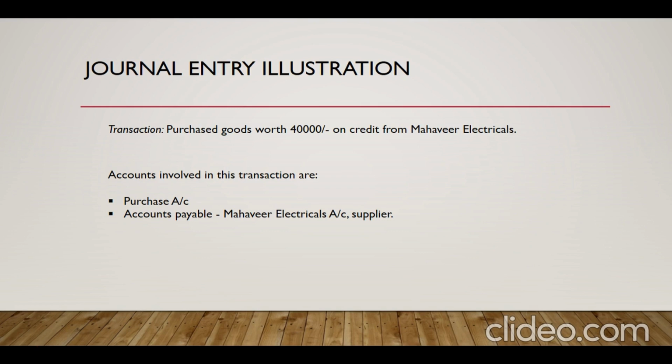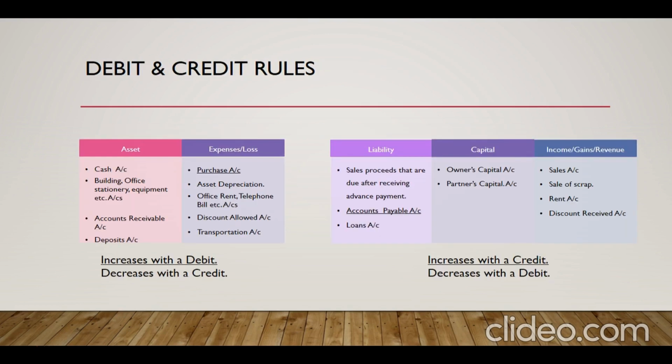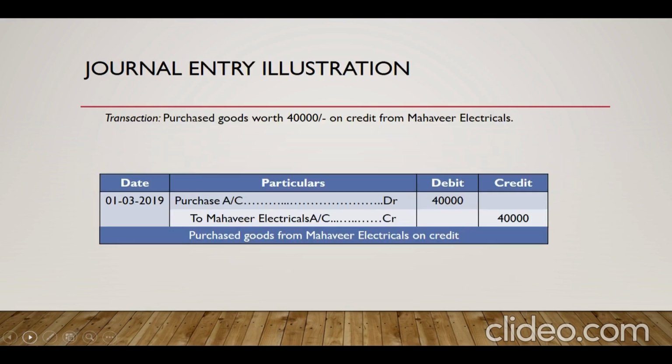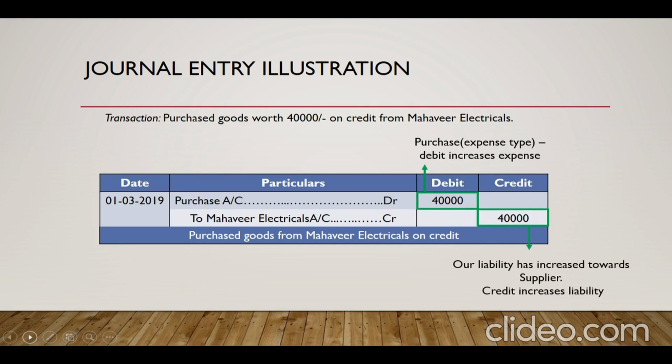Now let's find out which account to debit and which to credit. We know that the purchase account increases with a debit, and on the other hand liabilities increase with a credit, and accordingly we pass the journal entry as follows. We debited the purchase account and credited the supplier's account.